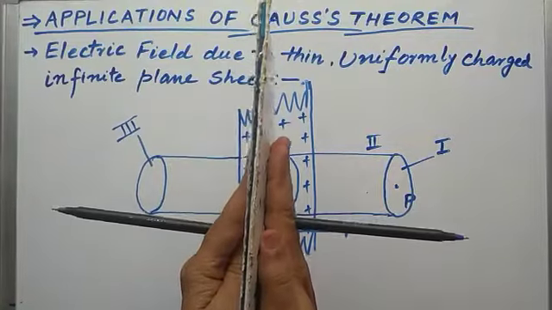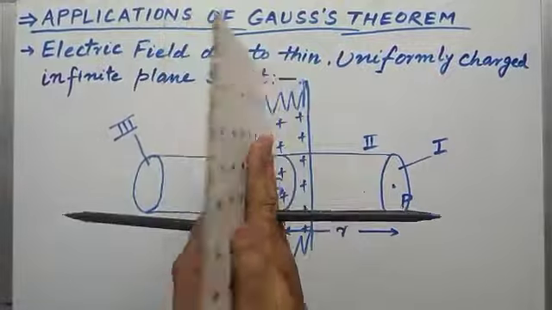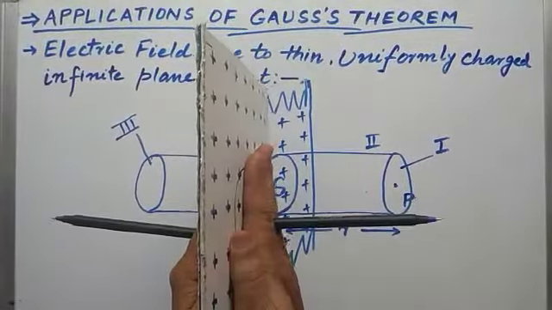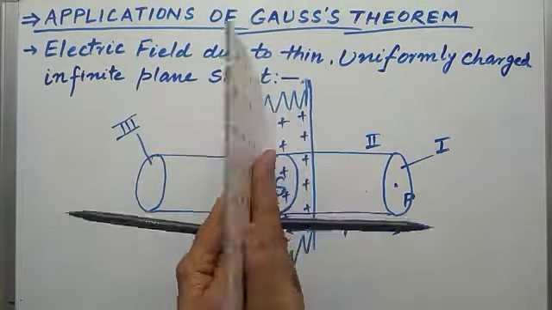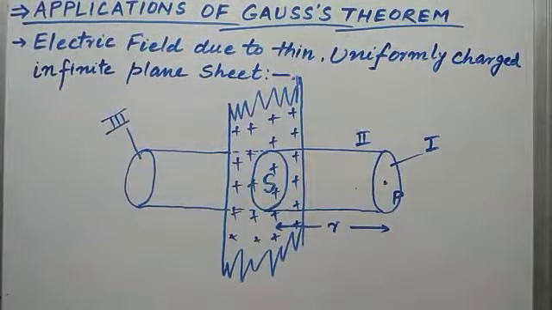So it is very clear that these electric field lines pass through the end caps, surface number 1 and surface number 3. There will be no contribution of the curved surface to the calculation of electric flux.